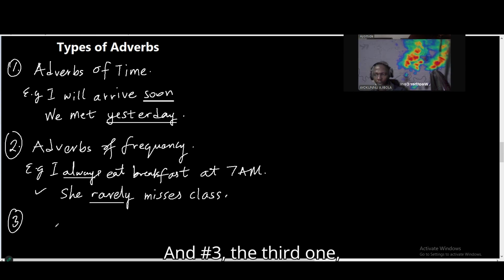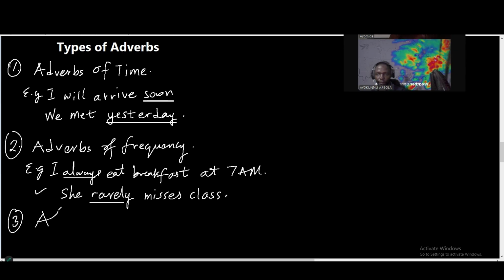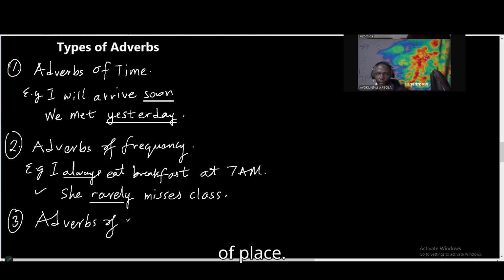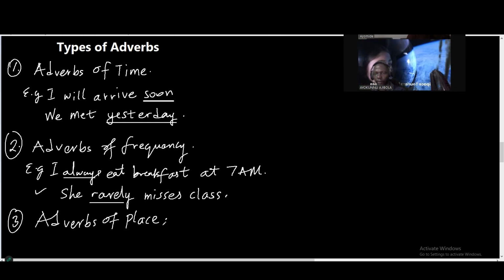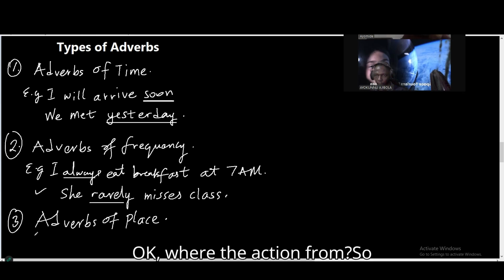And number three, the third one, we talk about adverbs of place. So adverb of place indicates where an action occurs, okay? Where the action occurs.